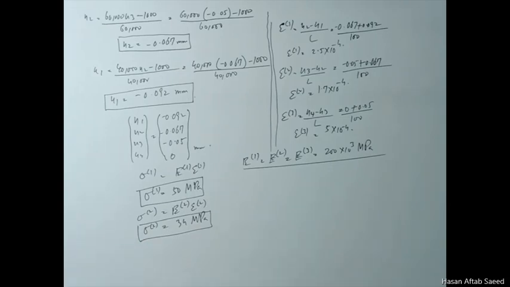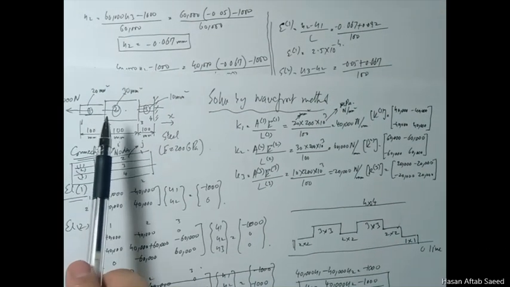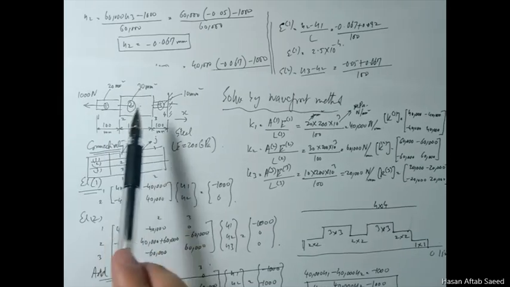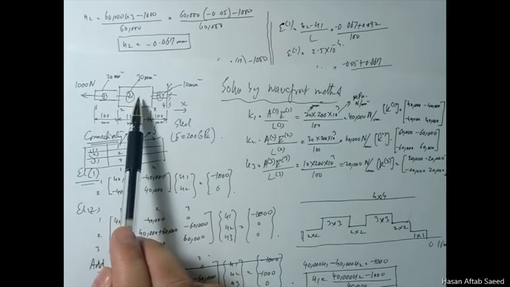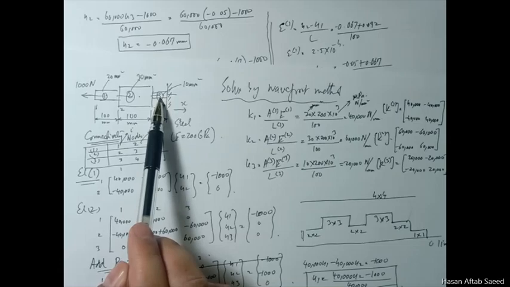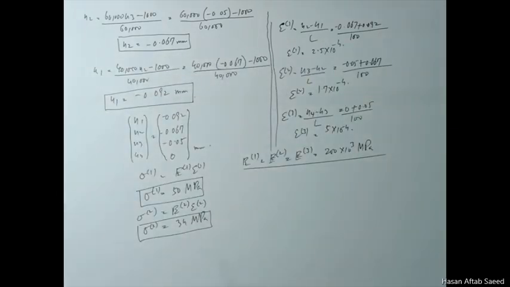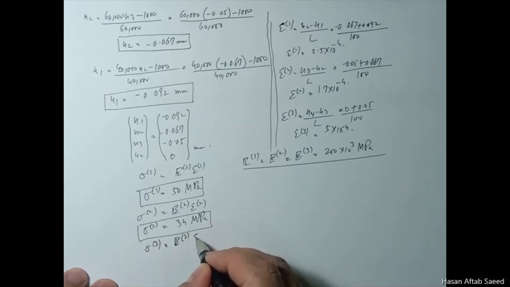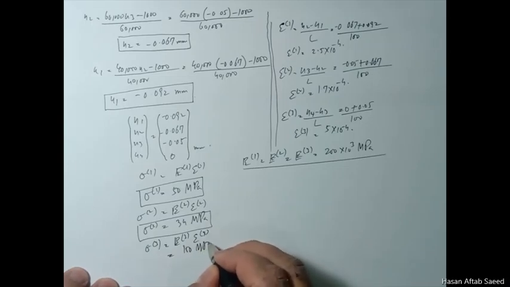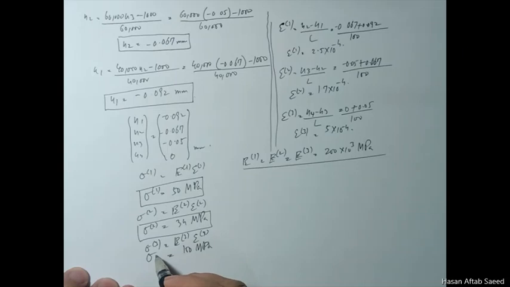Makes sense. Forces basically, this is 1000 force here divided by 20. This the larger, you should expect the largest stress here, as you will see, and sigma 3 turns out to be 100 MPa, and it makes sense, the smallest area should have the highest stress.